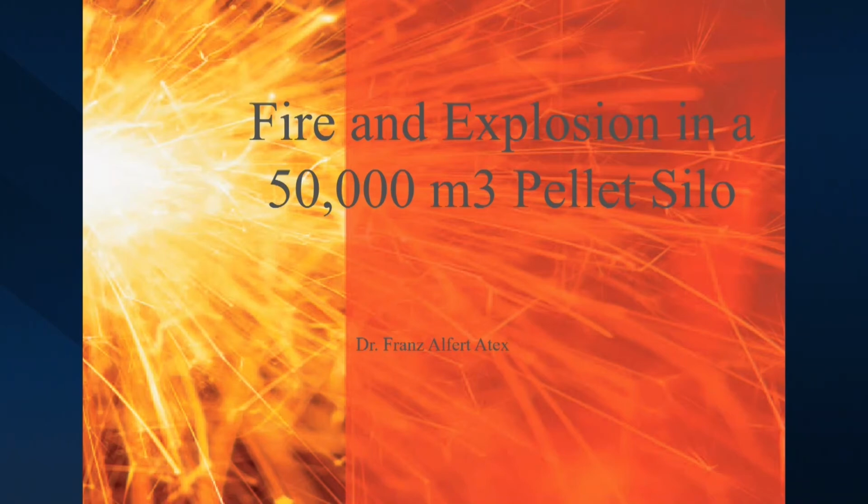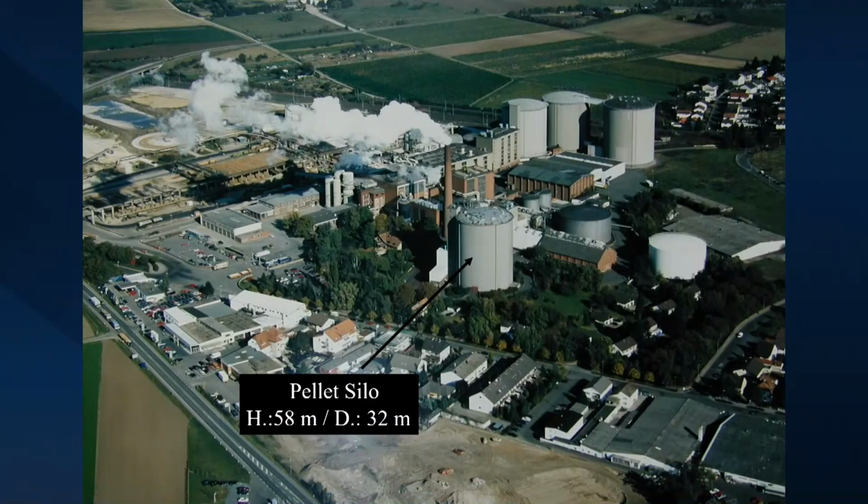It's from sugar beets. Here you see the silo complex, and this silo went on fire. It's 58 meters high and 32 meters in diameter, quite a big thing. What you also see is that, unfortunately, quite often in Germany we have houses right around this.